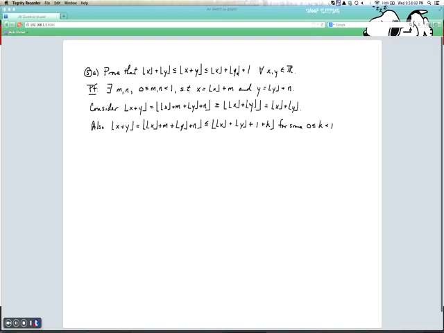For some k between 0 and 1, could be 0. If m plus n is 1, it'd be equal, and k could be 0, right? But k being close to 1 means that this would be close to 2, and that's what we said about m plus n.